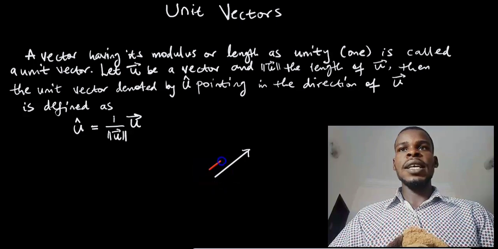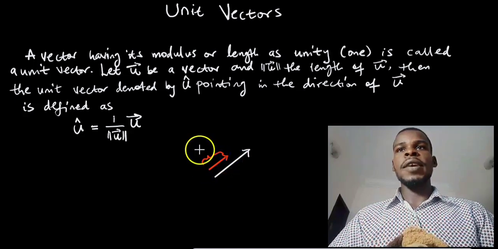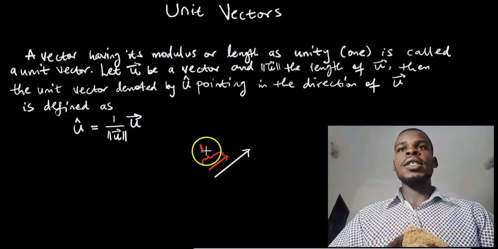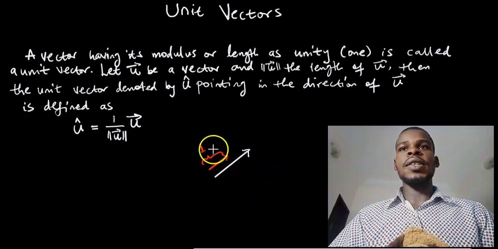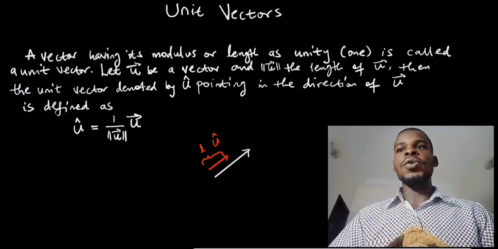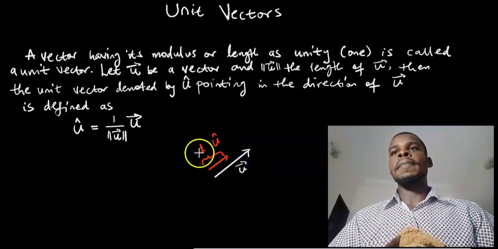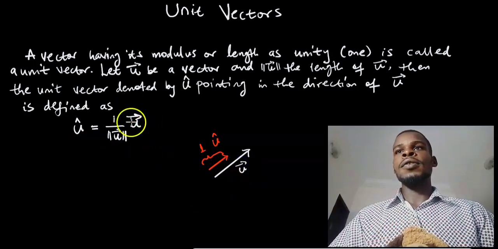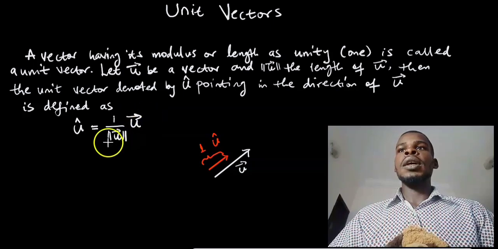The difference is that the length is exactly 1. So let's say the length from here to here for this particular vector is 1. This is called a unit vector. If this is vector u, then this has to be vector u hat, which is a unit vector pointing in the direction of vector u. Great. And this is the definition: u over the length of u.